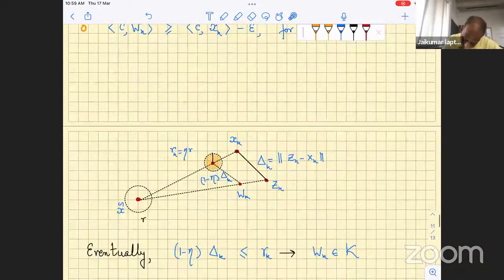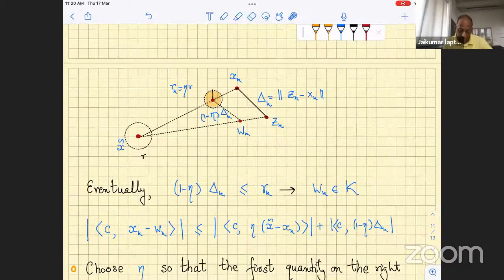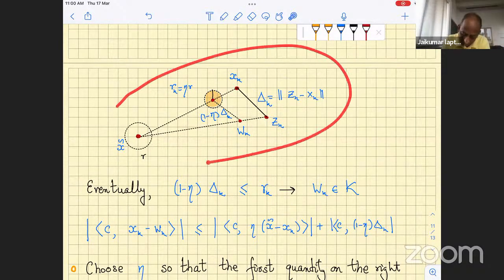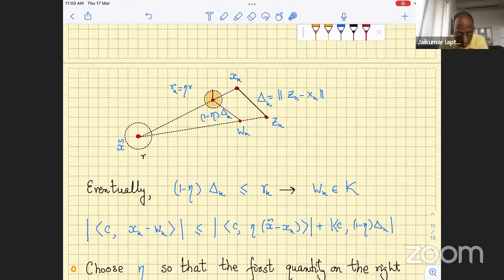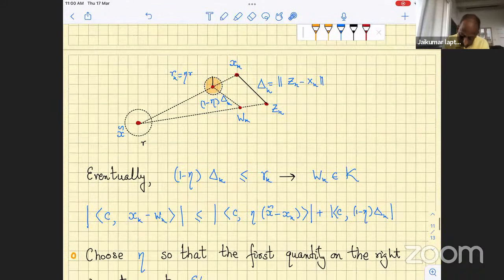Let me now draw the picture. So now I'm only on the left hand side, just like my enlarged picture last time was referring only to the right hand side. Now I'm referring only to the left hand side. So what happens? So this was zk. You take the average of zk. You remember what zk was?